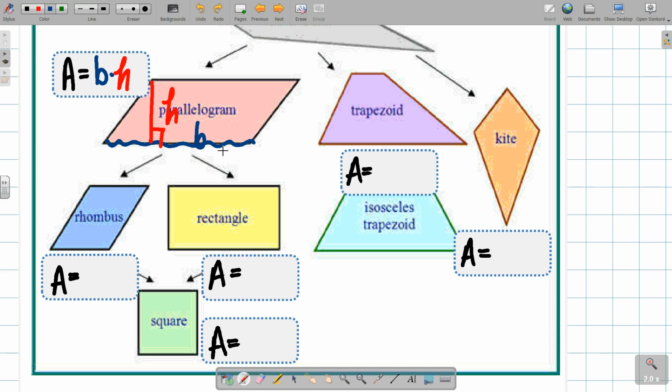Parallelogram, base times height. Rectangle, base times height. Also, length times width, same thing.